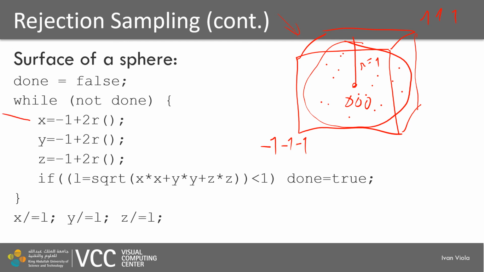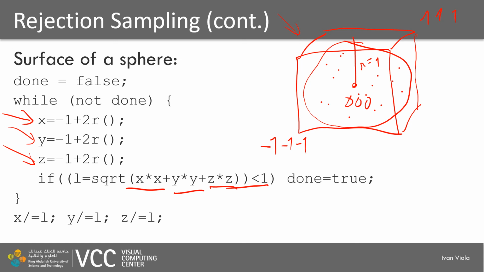The code for that is shown here, where we are picking the x coordinate, y coordinate, and z coordinate, and then we are evaluating whether x squared plus y squared plus z squared is smaller than 1, which means that we are within our sphere. If that's the case, then we have picked a random sample within this sphere. This is how we can make a uniform distribution of samples within a sphere.